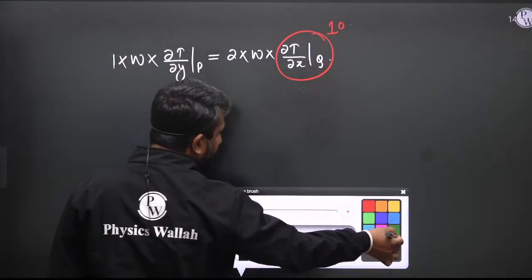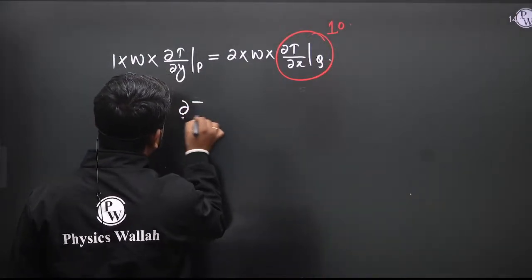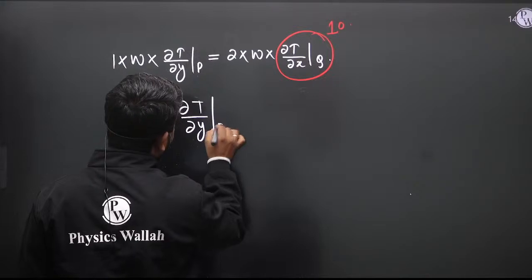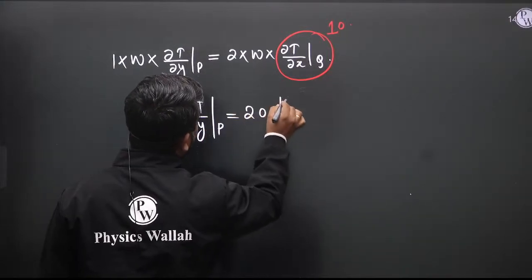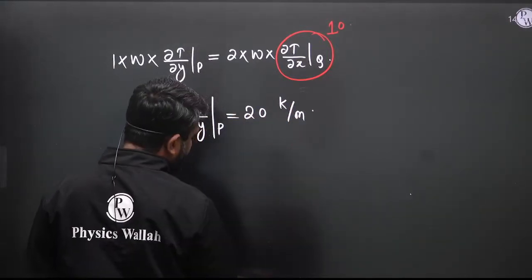So from here simply you can say that del T by del Y at surface P is equal to 20 Kelvin per meter.